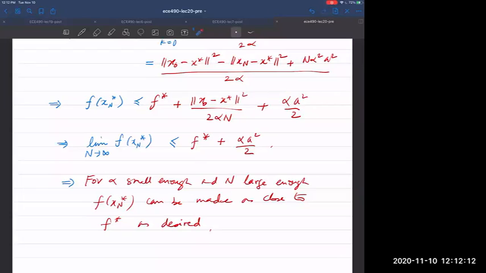Can we pick the smallest magnitude subgradient at each step to guarantee convergence?